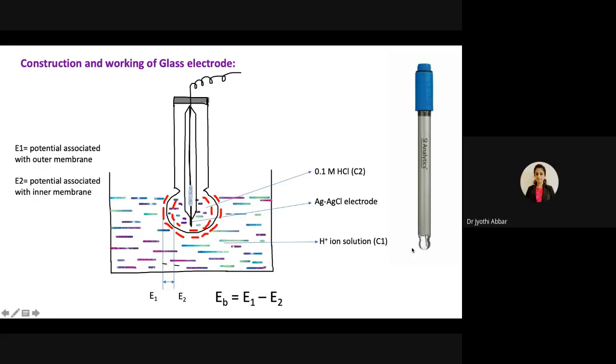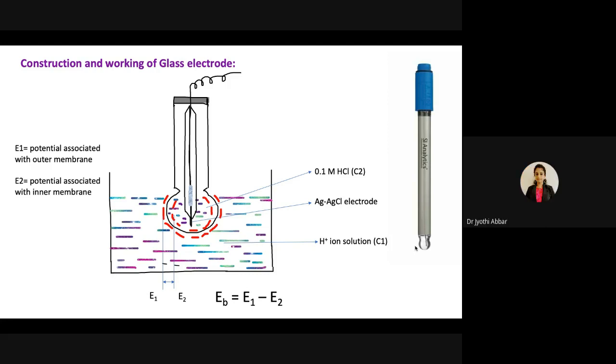It is because of this glass bulb present at the bottom, which is made up of a special type of membrane, and that glass membrane is actually a silicate glass with high electrical conductance. And what is the composition of this glass membrane? Do you all remember? SiO2 72%, and sodium oxide and calcium oxide 22% and 6% respectively.